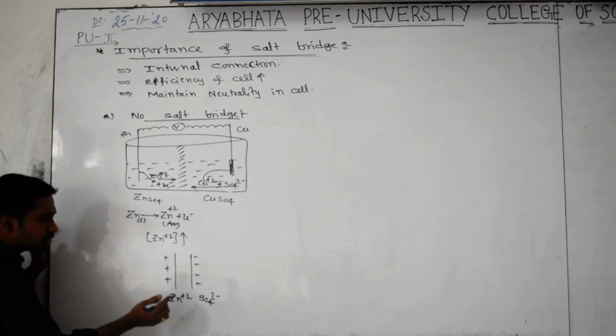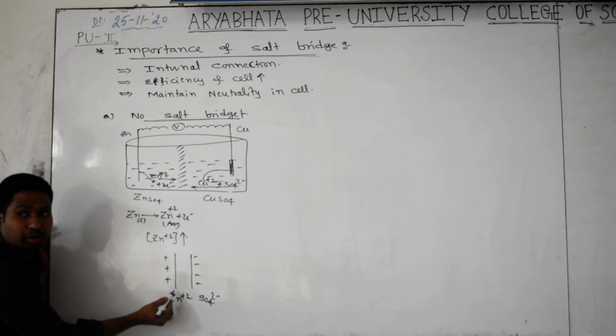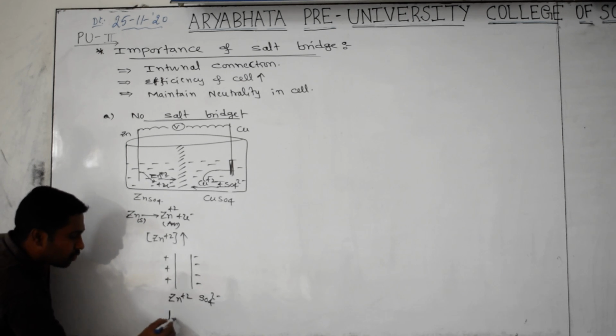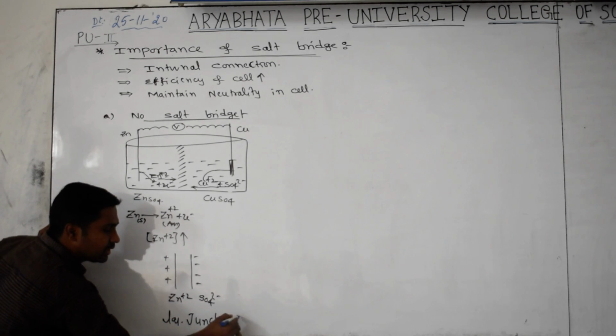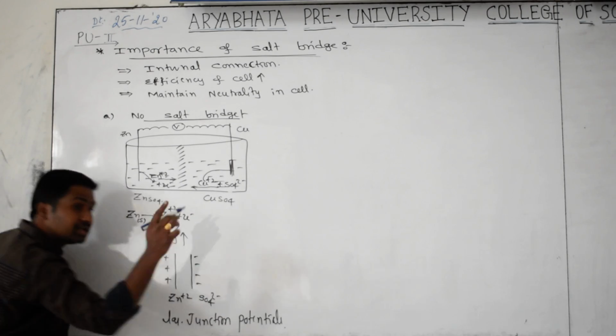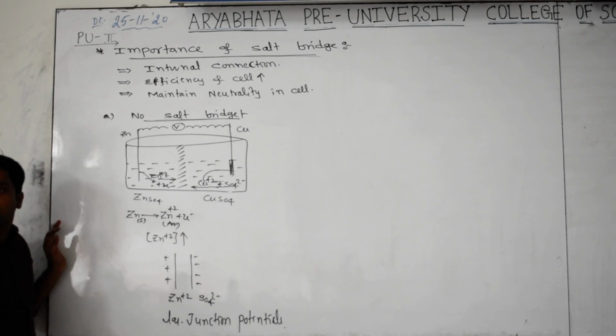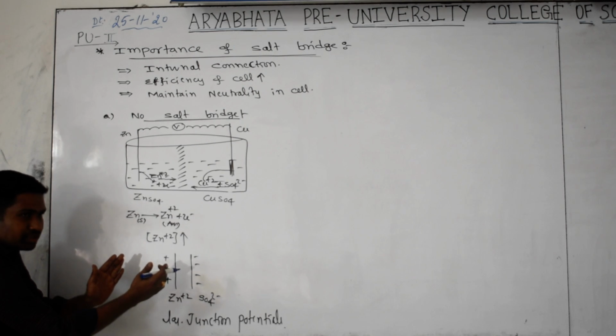Between them, what happens? Potential will develop. That is what we call liquid junction potential. The same thing we discussed in surface chemistry, under the charge on the colloidal particle, which is specially called zeta potential. At the junction of two liquids we have two oppositely charged layers.